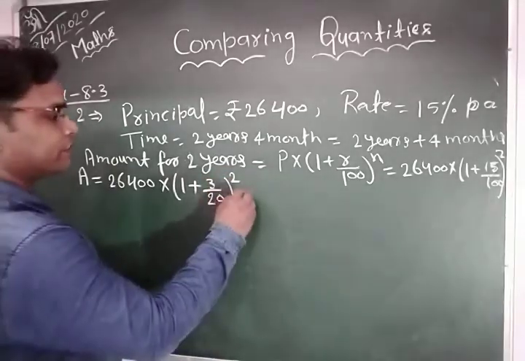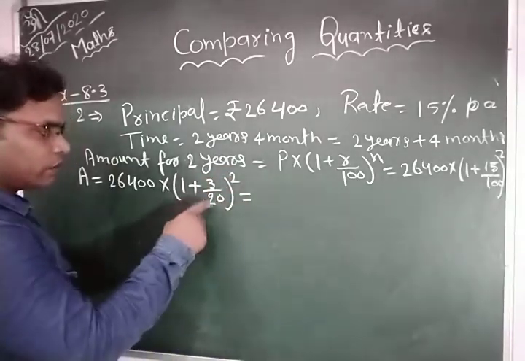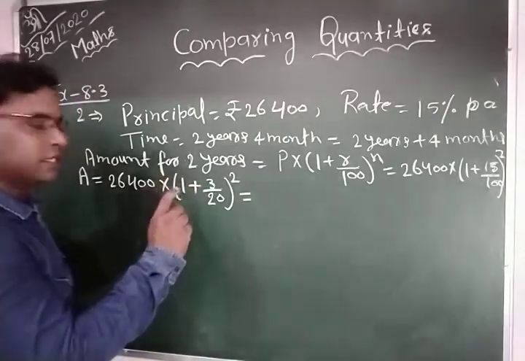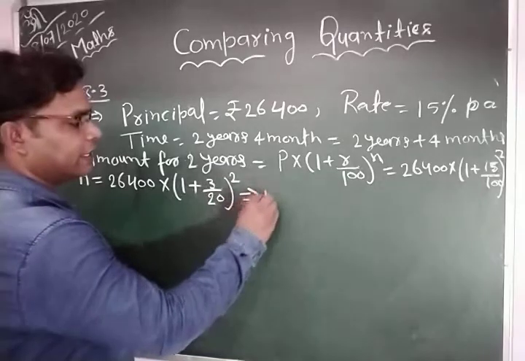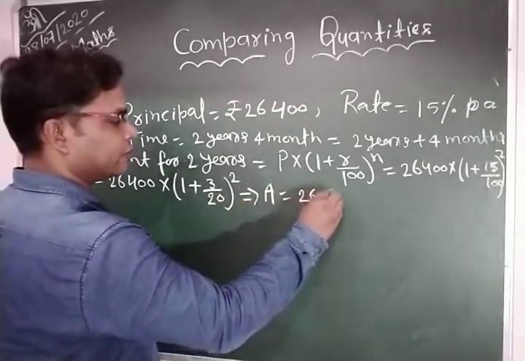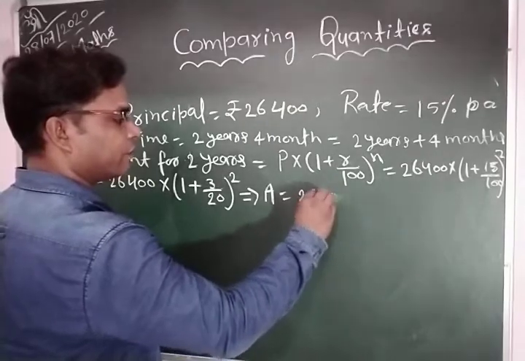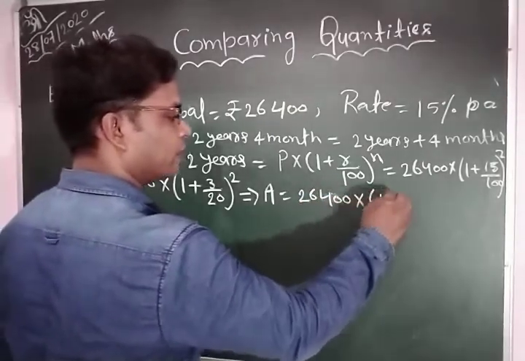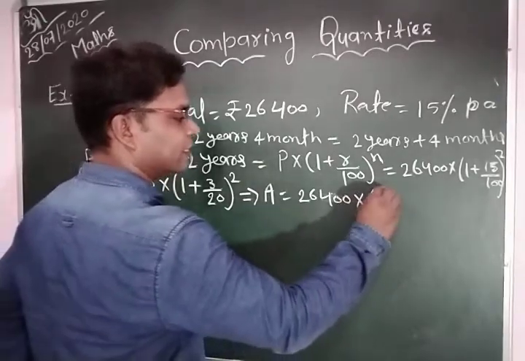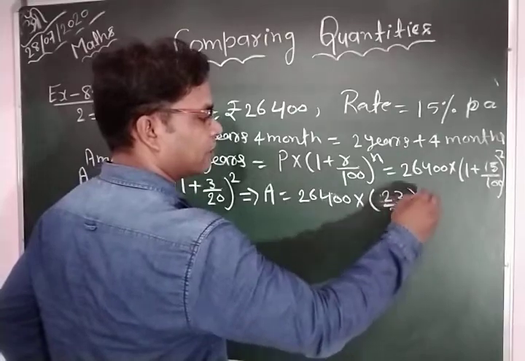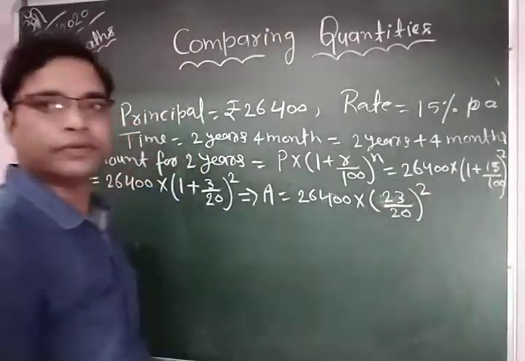Clear? Now 20 plus 3 is 23. So we can write here amount is equal to 26,400 into (23 by 20) to the power 2. Clear?